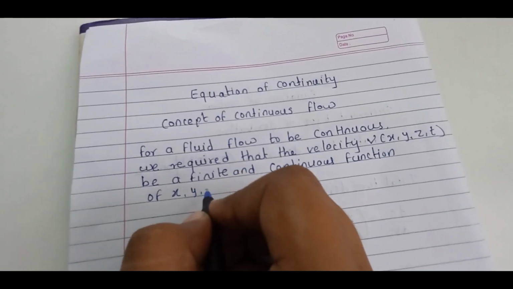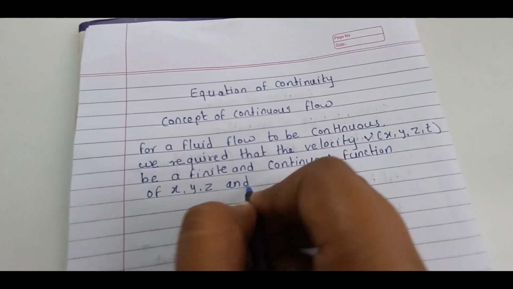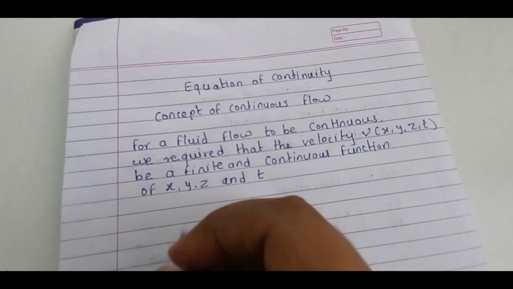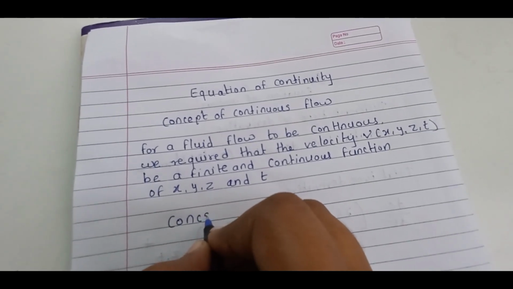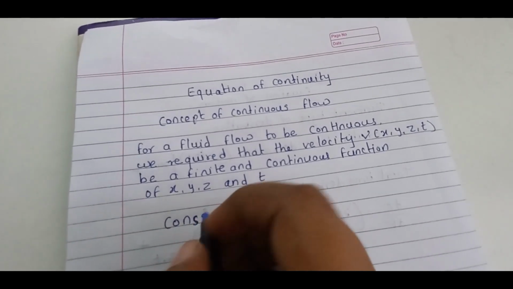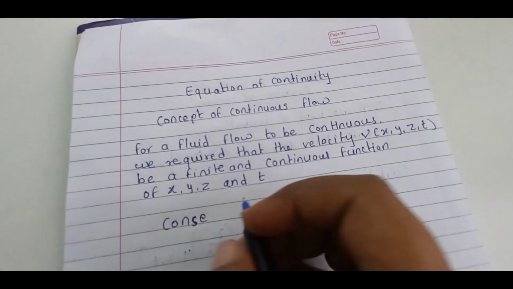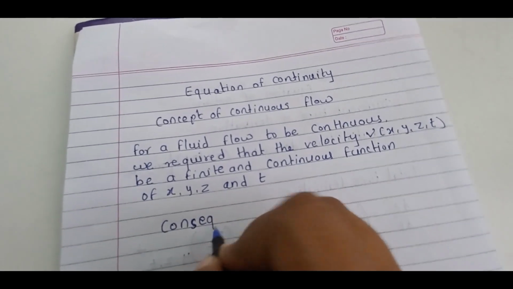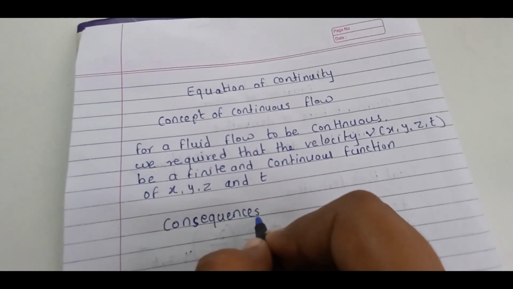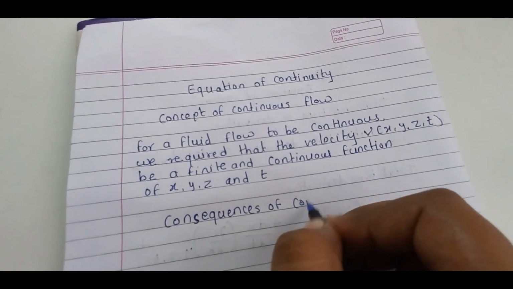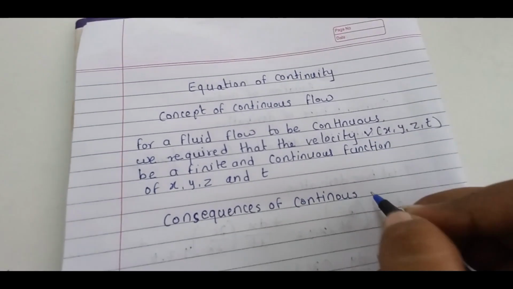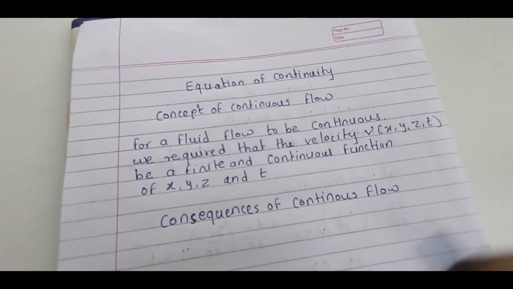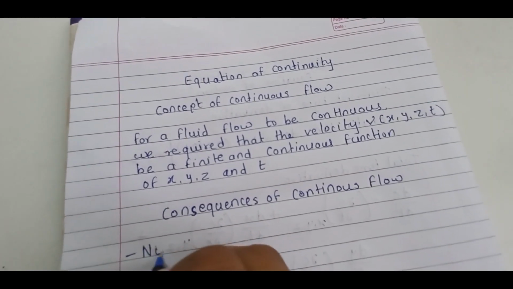Consequences of continuous flow: no segment of fluid can be joined or broken apart. The interface between two materials' volumes always exists.